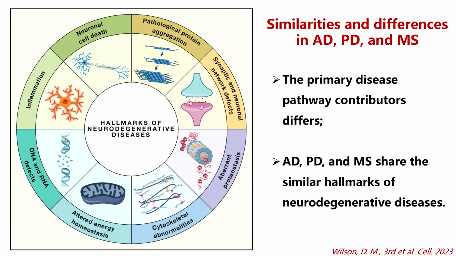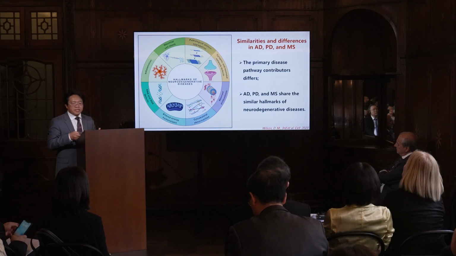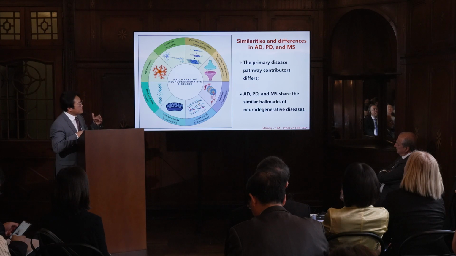Then the neuronal cell death, pathological protein aggregation, and synaptic and neuronal network defects, and DNA and RNA defects. So altered energy homeostasis, cytoskeletal abnormality. So there are really no specific elements that are specific for each condition. They really share these pathological conditions.